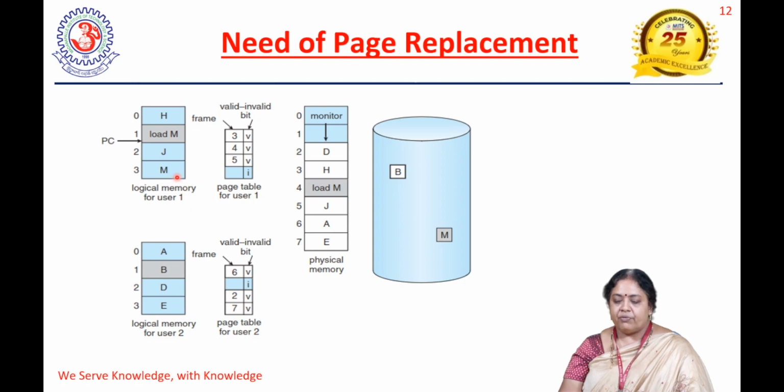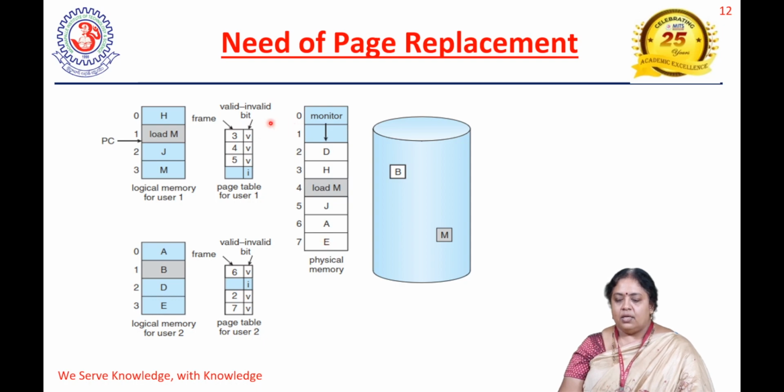Some pages of process 1 are allocated and some pages of process 2 are allocated. For process 1, the zeroth page is allocated, then the second page is allocated, whereas for the second process, the zeroth page is allocated as well as the third page.